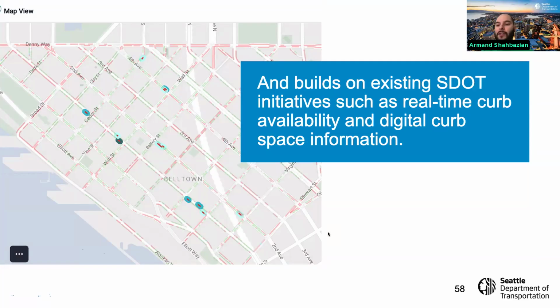Seattle is also working on a separate project for real-time curb availability and digital curb policy information. And we see a lot of ways that in the future, these systems can eventually be combined into one for a singular, robust, informative data approach for transportation operators.